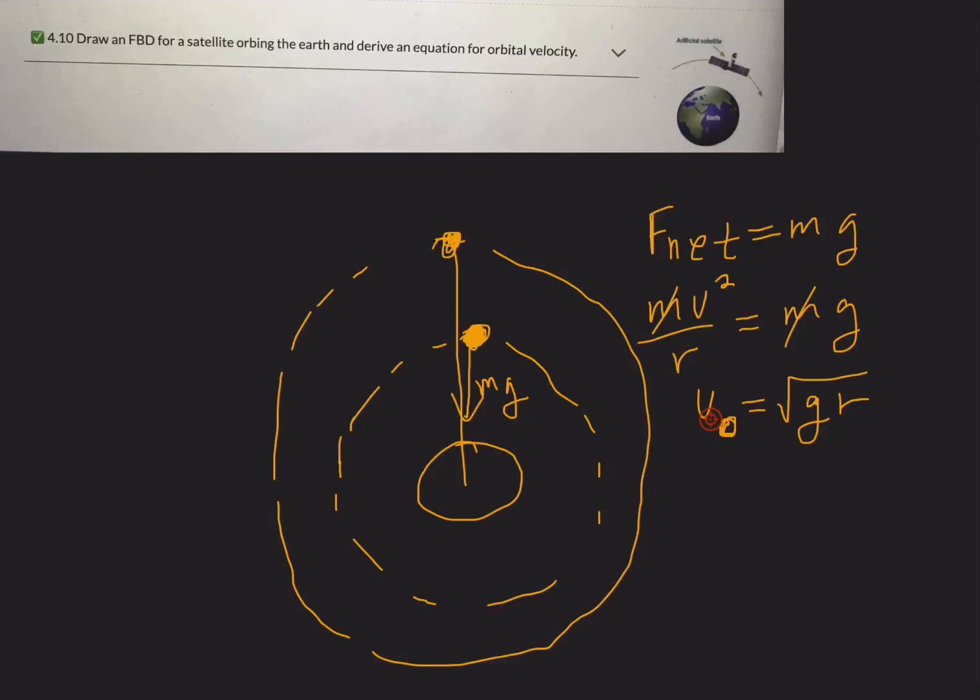So what happens to the orbital velocity? Well, if the r goes up at the same rate the gravity goes down, then the orbital velocity would stay the same. But we know that gravity is an inverse square law. So as your radius goes up, your gravity actually drops off faster. And so the actual orbital velocity out here in a higher orbit is always going to be less. The higher orbit you go, the less orbital velocity you actually need.